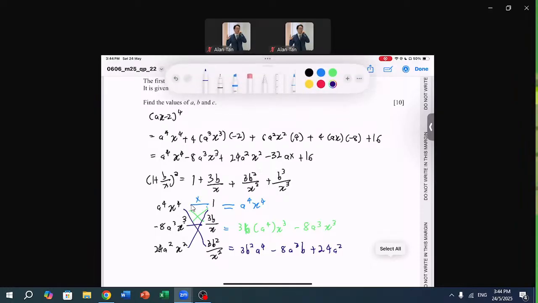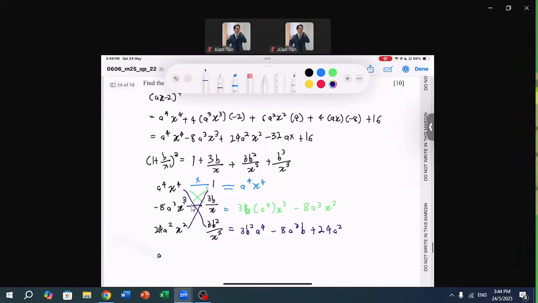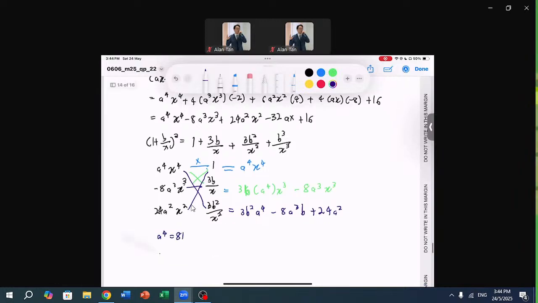Okay, so first things first, a power 4 equals 81. a equals the square root of 81, which is going to be 4. But if you know your times table, a equals 3, because 81 is 9 squared, and 9 is 3 squared, so 3 power 4 is 81. So a equals 3.